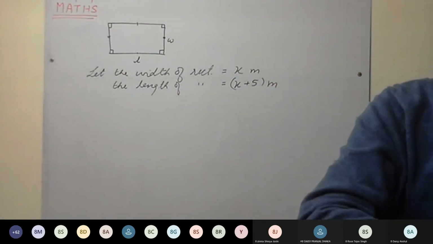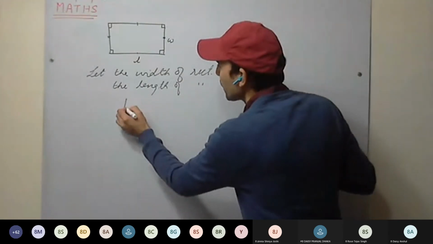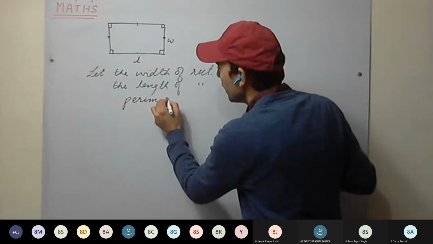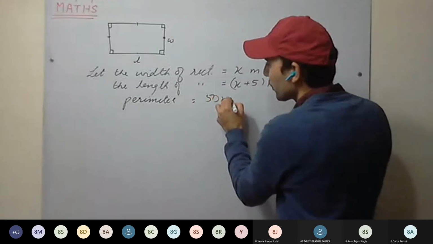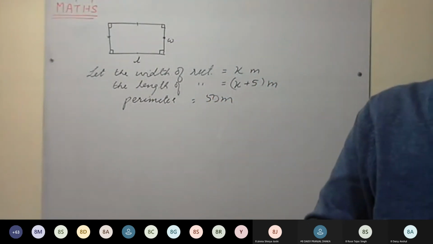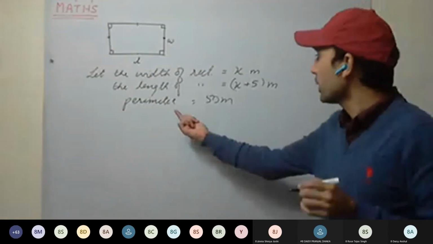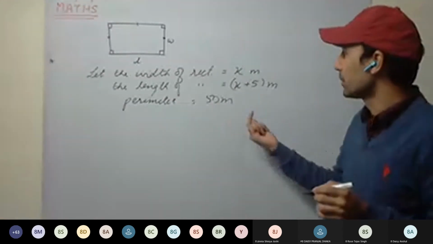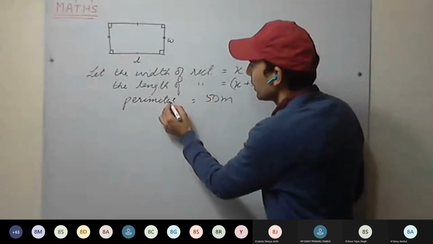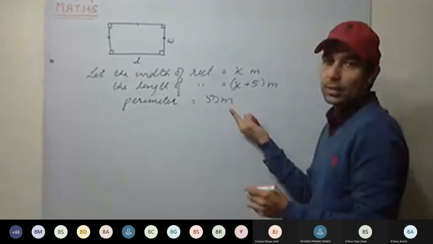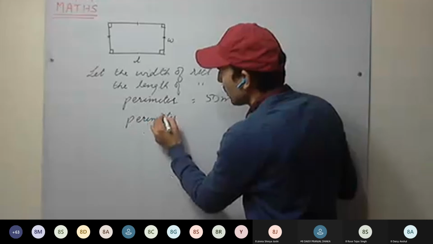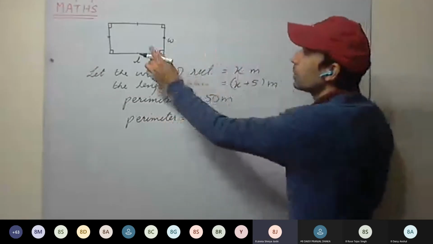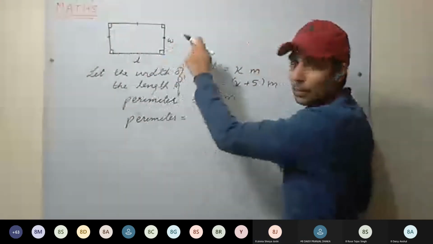And what is given? Perimeter of a rectangle. So perimeter equal to how much? 50 meters. Okay, perimeter is 50 meters. And what is the formula for perimeter? Perimeter is the sum of the boundary.